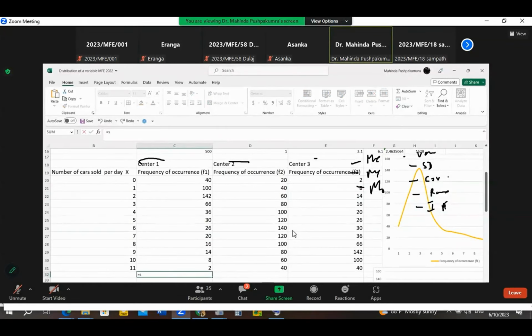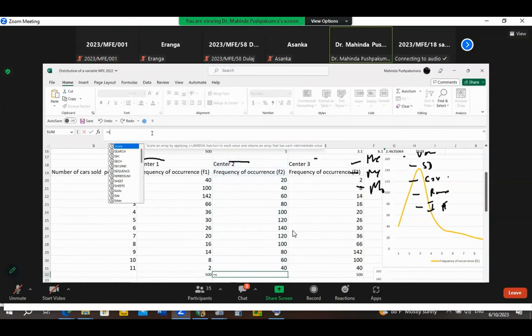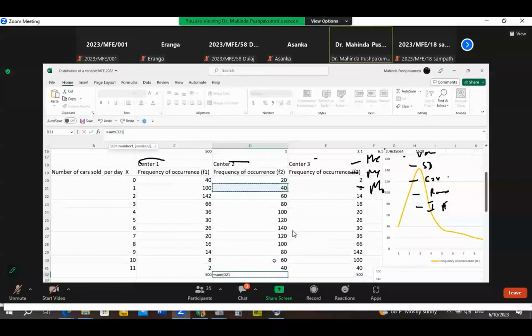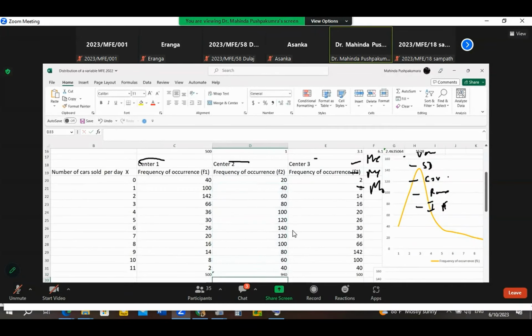Altogether, they have collected information related to 500 days. Here 500 days, then how is it counted? Yes, in these 2 centers 500, then here 940 days. Okay.